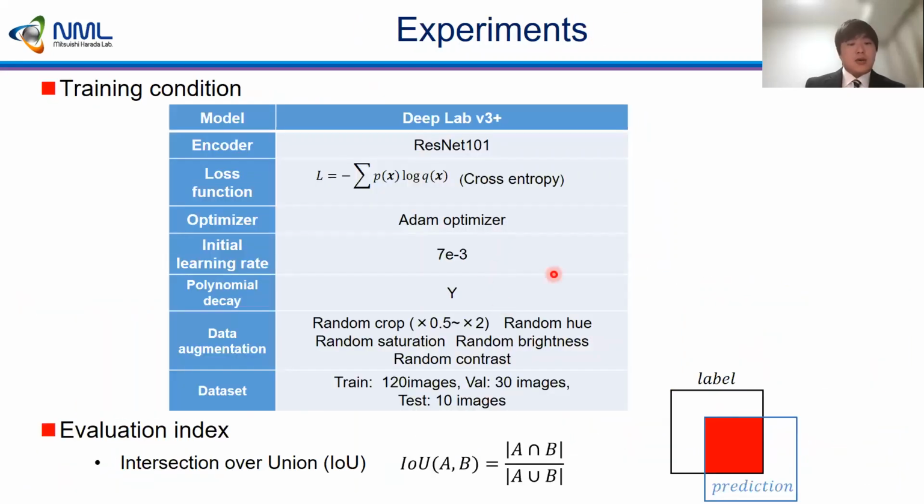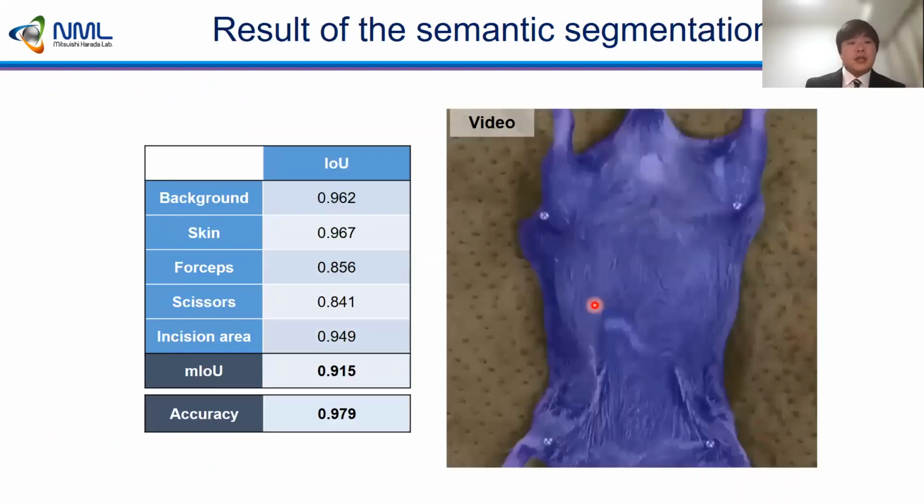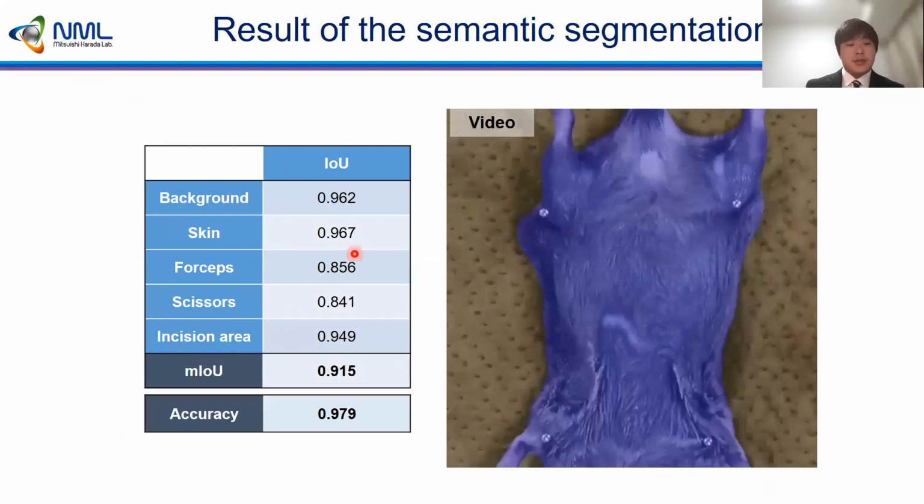We evaluate our method, and this table shows the training condition in semantic segmentation. We use the intersection over union score to measure segmentation quality. And this table shows the semantic segmentation result.